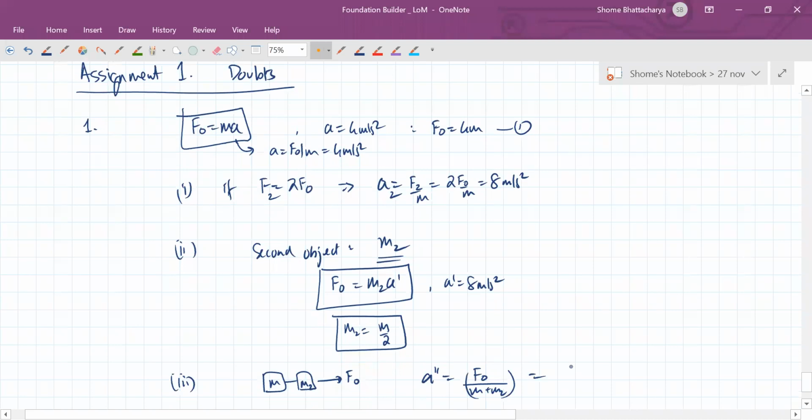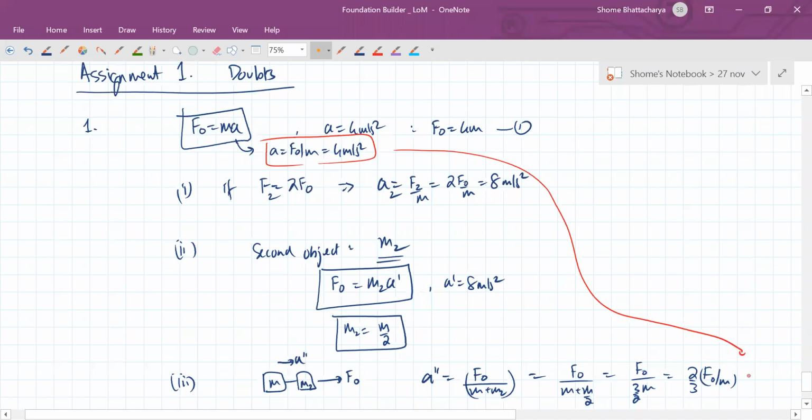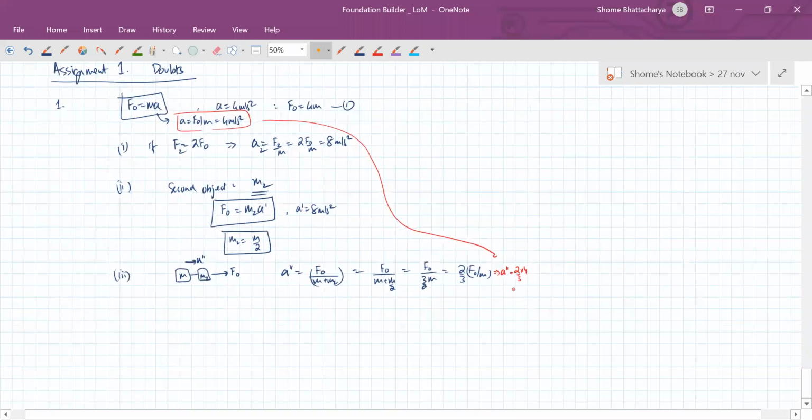So that is F naught divided by m plus m by 2. So F naught divided by 3 by 2 m, or 2 by 3 F naught by m. Now from here you can see F naught by m was 4. So this acceleration a double prime will be 2 by 3 of 4, or 8 by 3 meters per second square, which is 2.67.